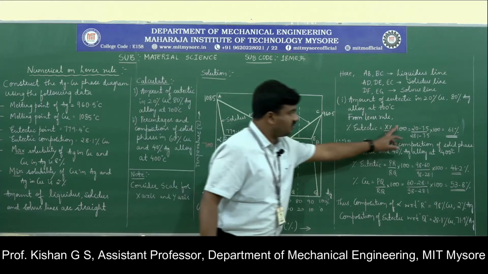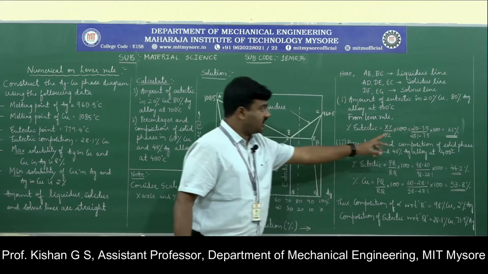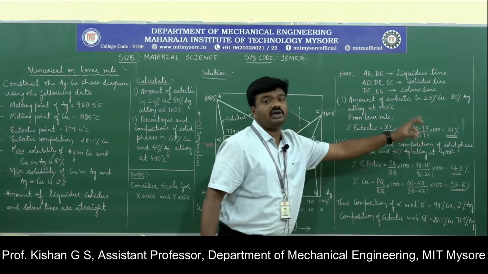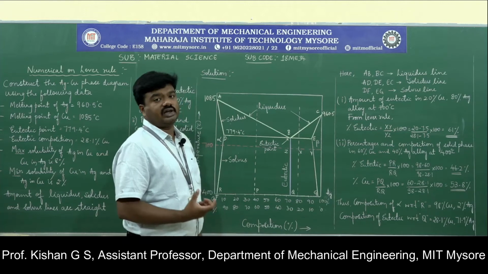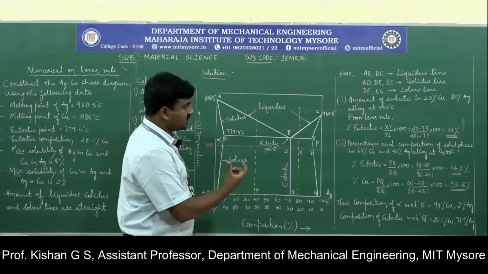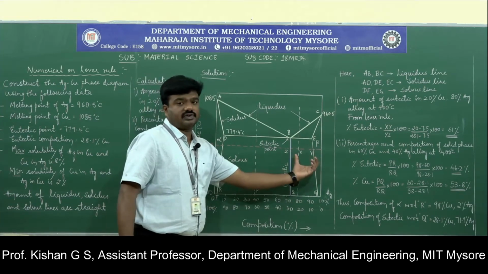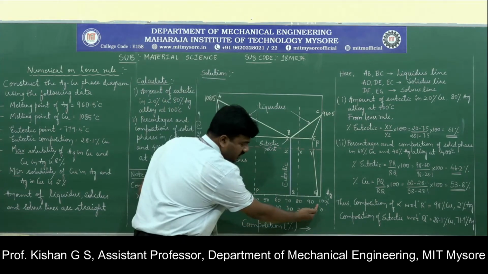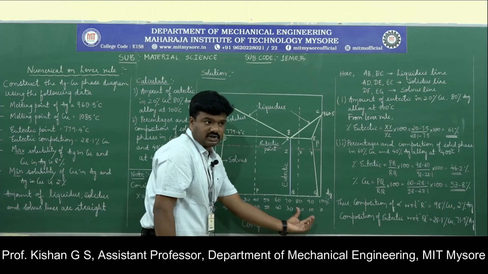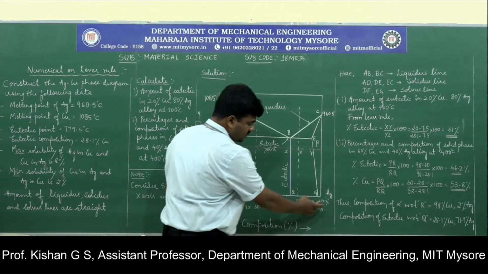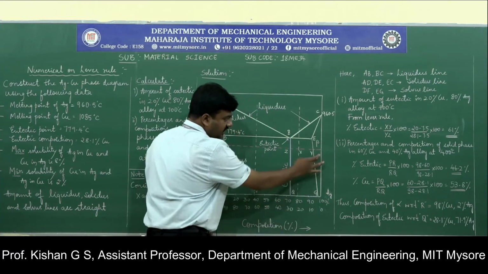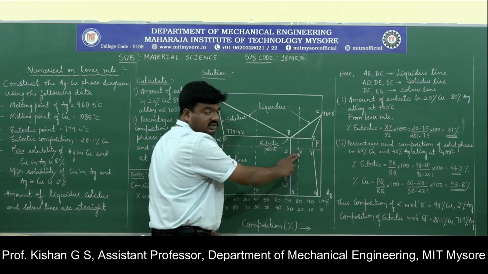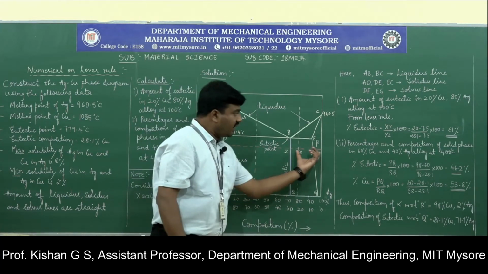So you can observe the values here. It is 20 minus 7.5. How we get 20 minus 7.5 to represent xy is from the observation we have taken in the graph. Since we know the composition is 20%, it is the representation of 20 that leads to x. Point x is at a distance of 20.